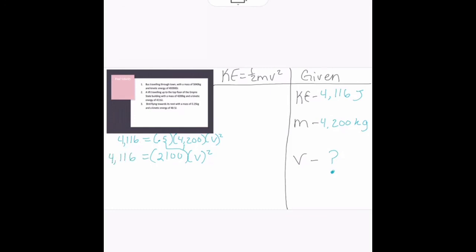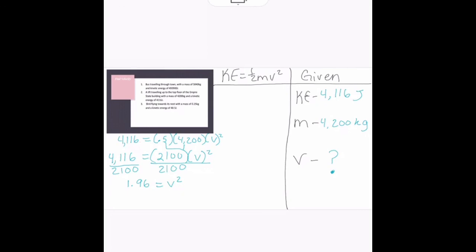4,116. And again, we want to combine like terms once more. So we're going to divide both sides by 2,100. So now I have 4,116 divided by 2,100 is 1.96 for my V squared, but we know we're not done yet because we have to take the square root.